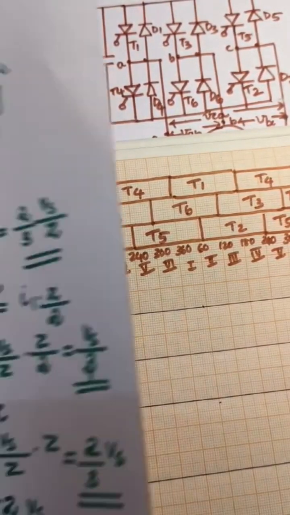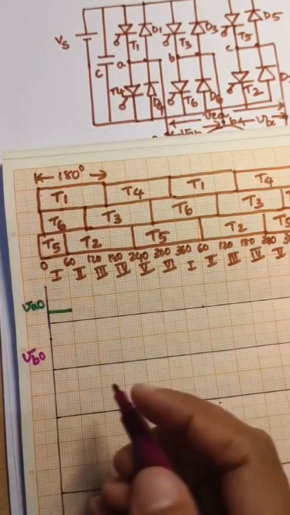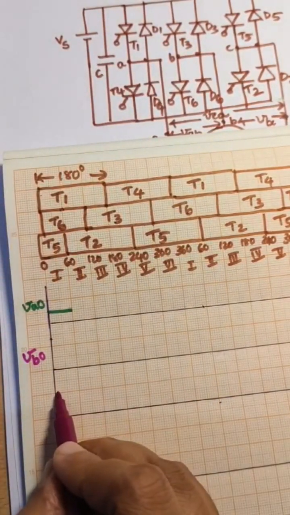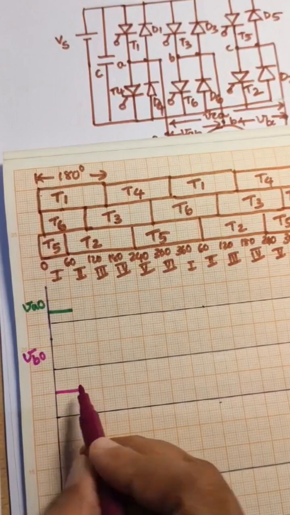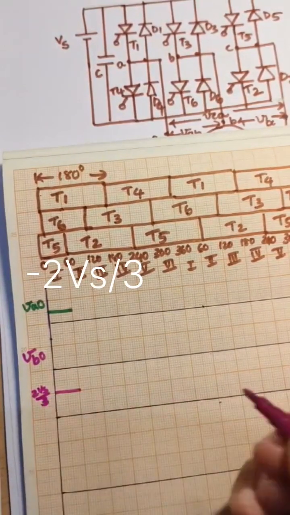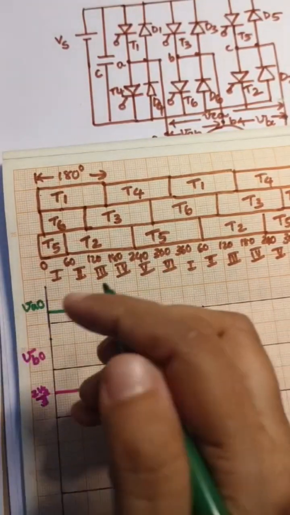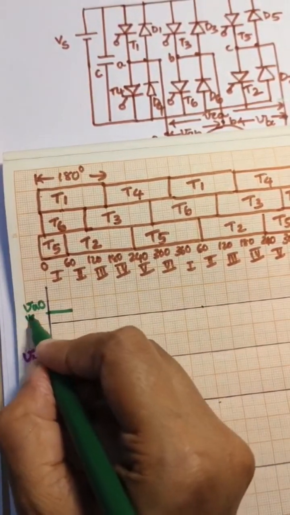VBO we obtained as minus 2 Vs by 3. So minus 2 Vs by 3 is indicated here. This is 2 Vs by 3. Here it is Vs by 3.